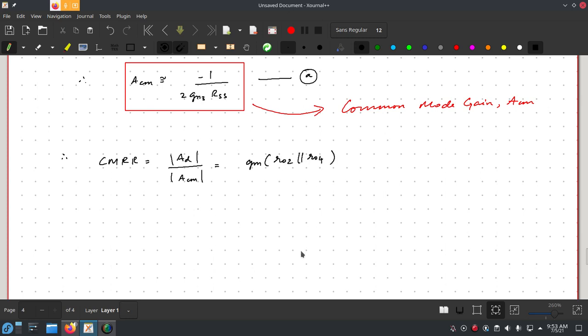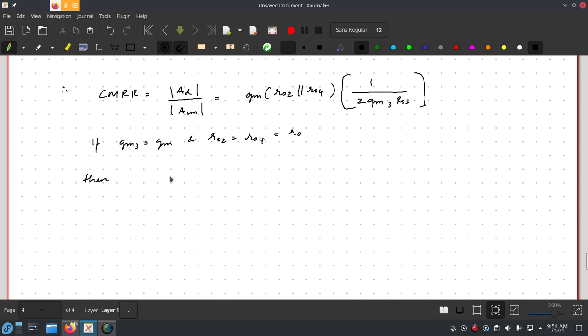And ACM, I'll put modulus, I'm not worried about the minus sign, is 1 by 2 Gm3 into RSS. If I take a generic value, Gm3 is equal to Gm, and say R02 is equal to R04 is equal to some typical value R0.